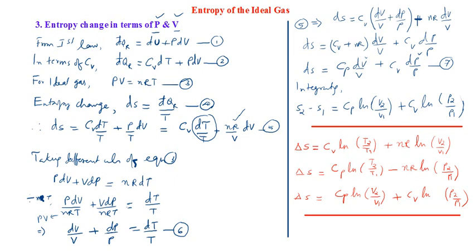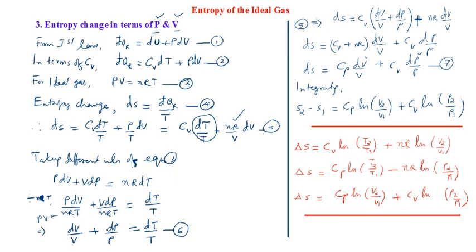For example, isothermal process, so T1 will be equal to T2, and you'll be getting rid of one term. Or for isobaric process, P1 will be equal to P2, so one term will be cancelled out. Or for isochoric, similarly one term will be cancelled out.